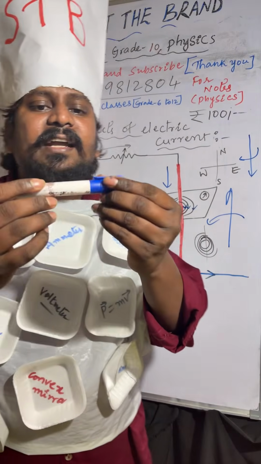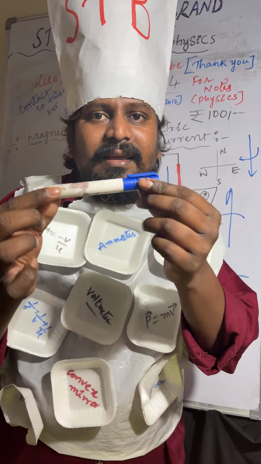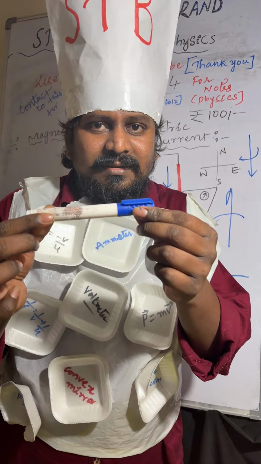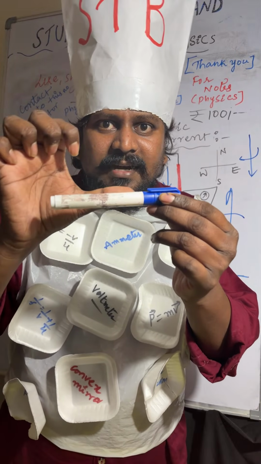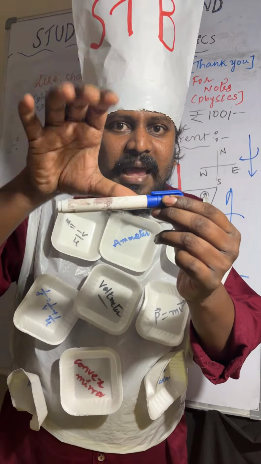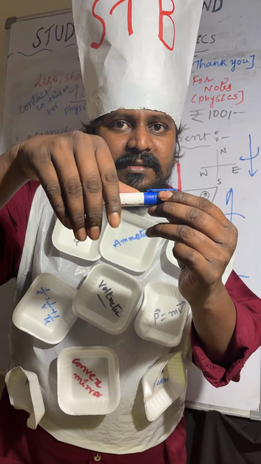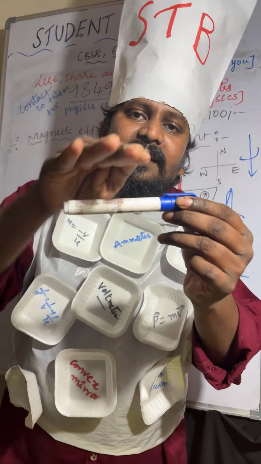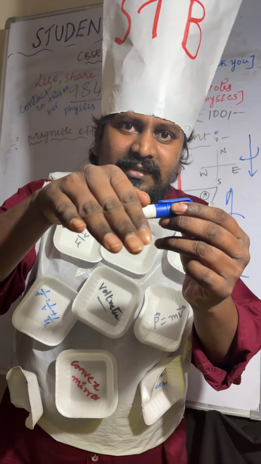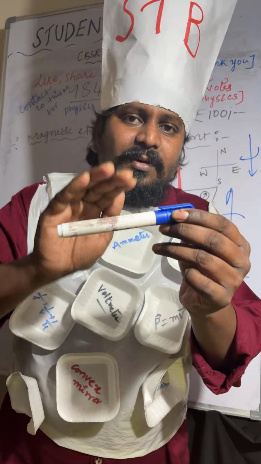If I take this as a current carrying conductor, along the thumb you are placing the current, and you are curling the fingers above the conductor like this, yes or no, above the conductor.